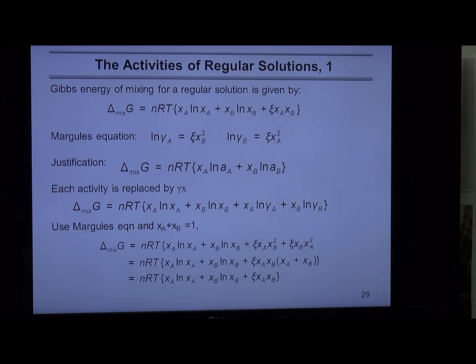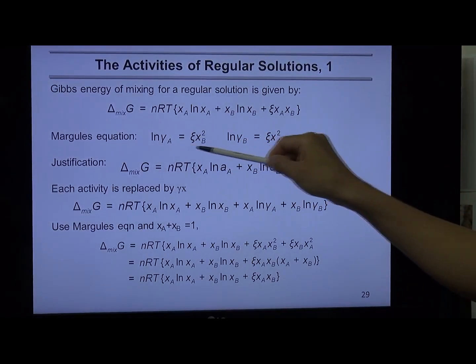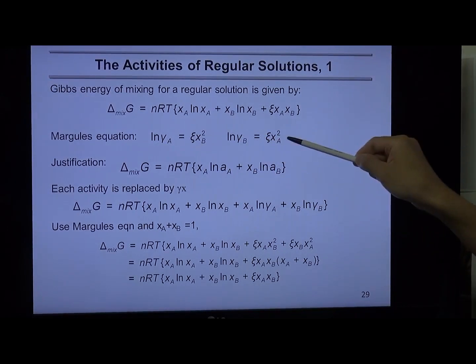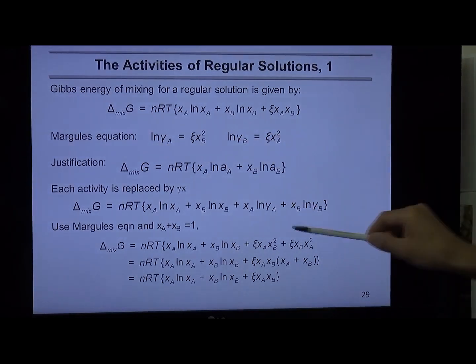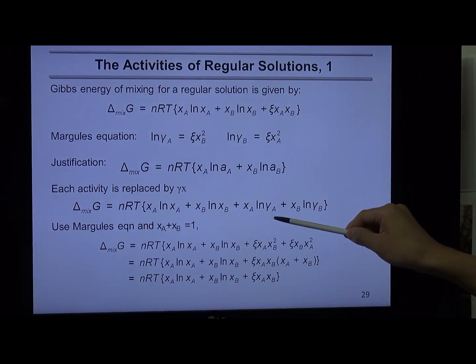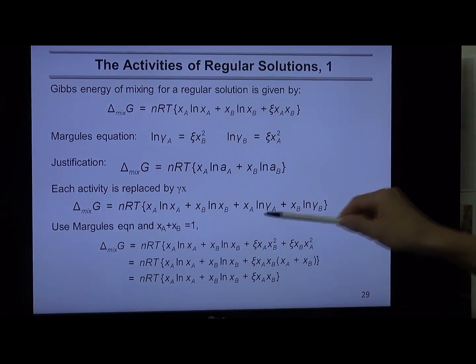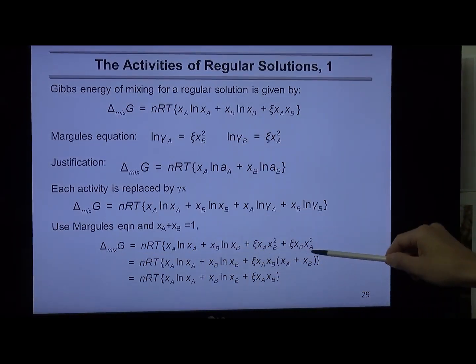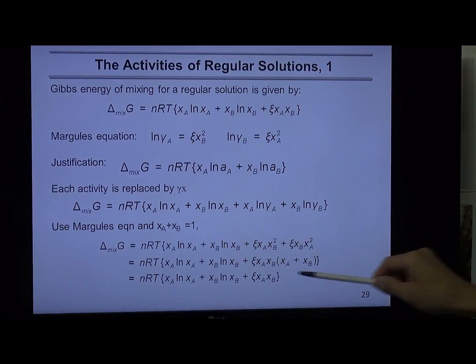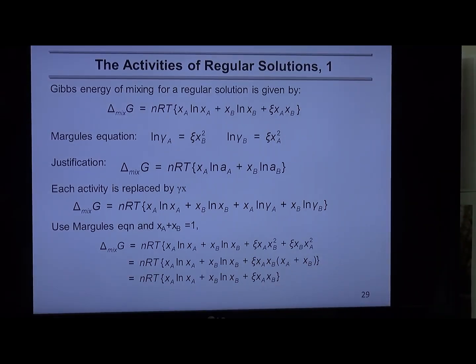Then, according to Margules equation, if activity coefficient can be described as this, log gamma A with psi xb square, log gamma B with psi xa square, then you can put these two here. And if you rearrange this, you can simply get the equation for regular solution.